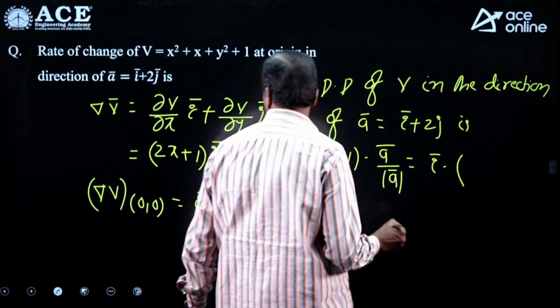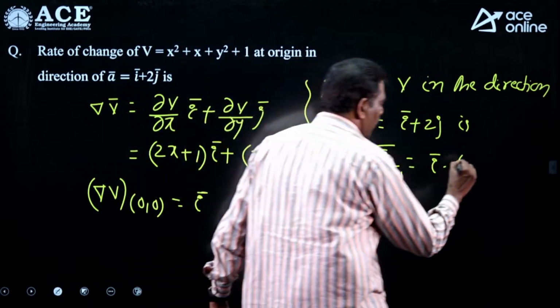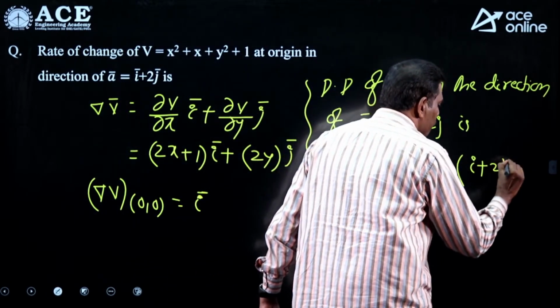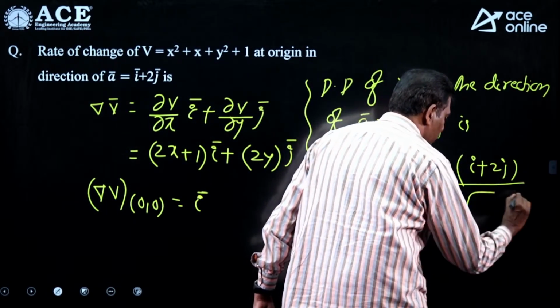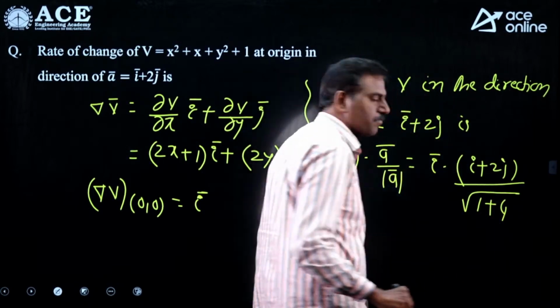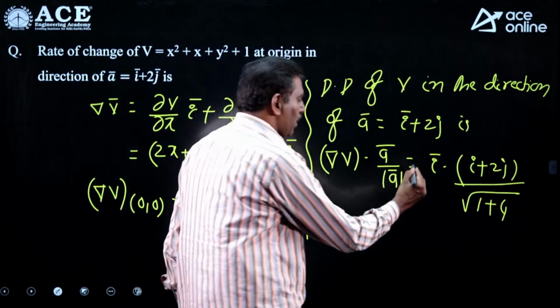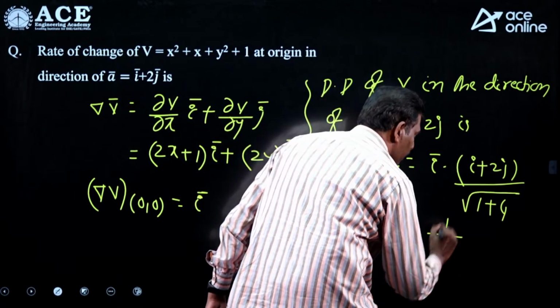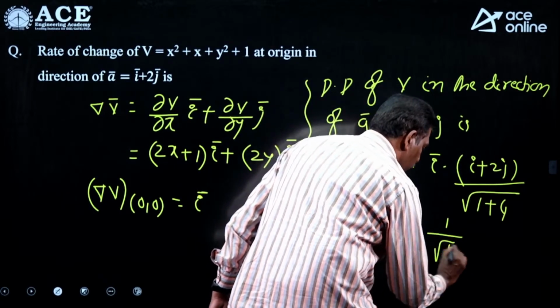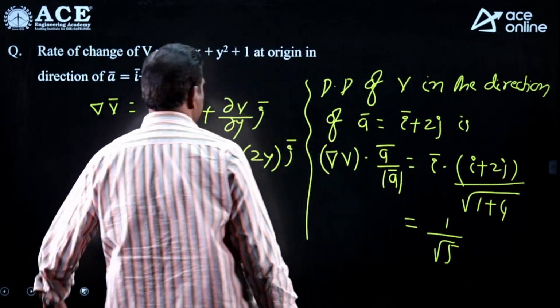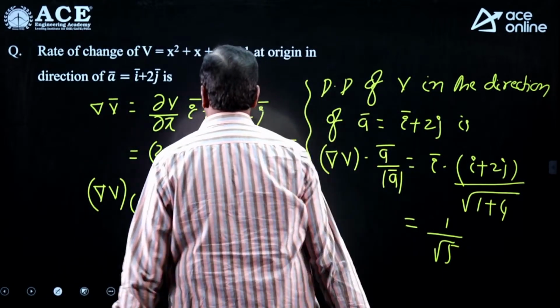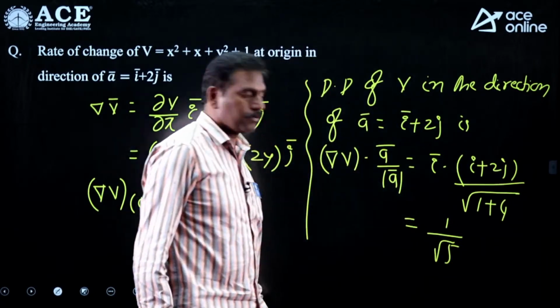Dot A bar, which is i bar plus 2j bar, divided by the modulus, which is root over 1 plus 4. So i bar dot i bar is nothing but 1. So 1 by root 5 is the answer. No options are given here.